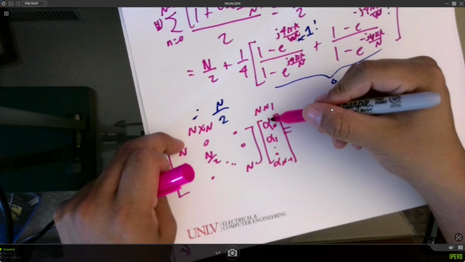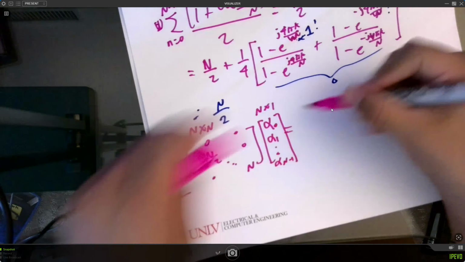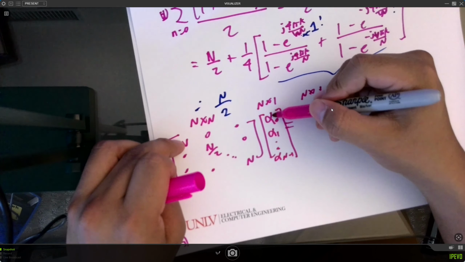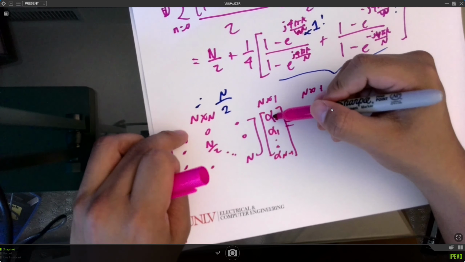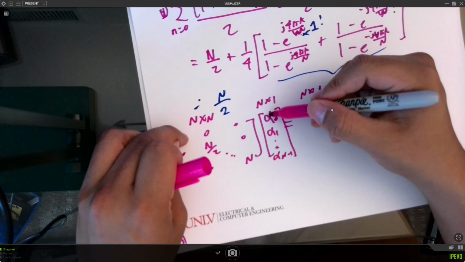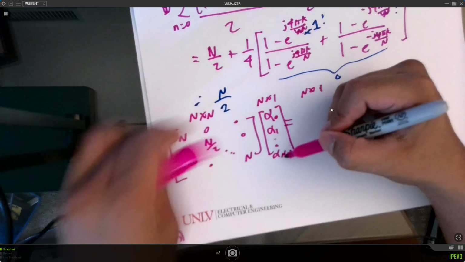There we go. If we were going to add this, if we had a new signal, n times 1, this plus this plus this plus this. You see, alpha 0 times n, then this.